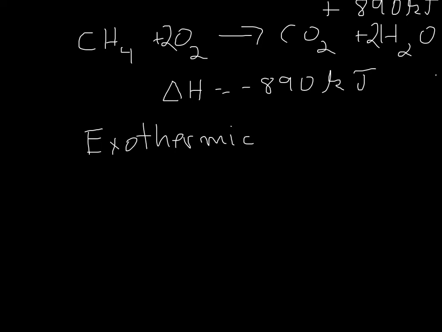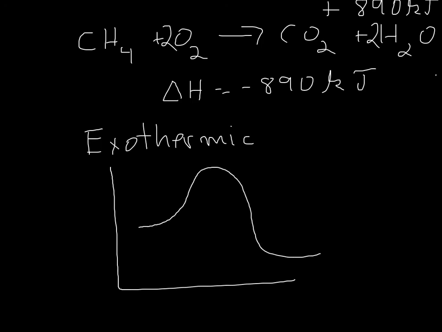And just like in the previous example, if we made a little graph of this situation, this one would look like this. The 890 is the difference between these two. So this represents 890 kilojoules.